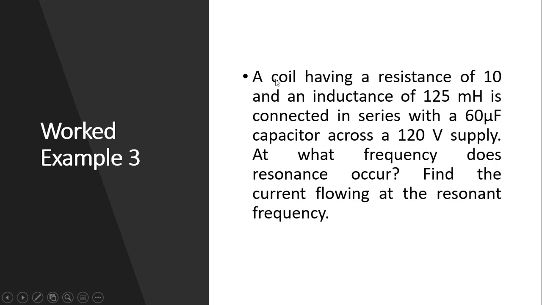A coil of resistance 10 ohms and an inductance of 125 millihenry is connected in series with a 60 microfarad capacitor across a 120 volt supply. At what frequency does resonance occur?